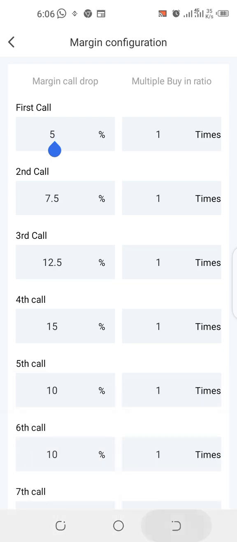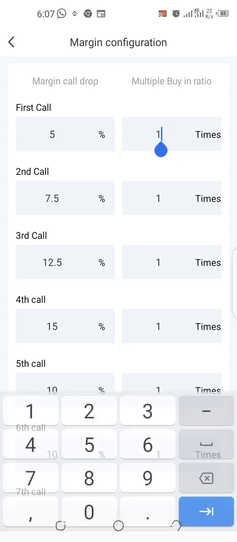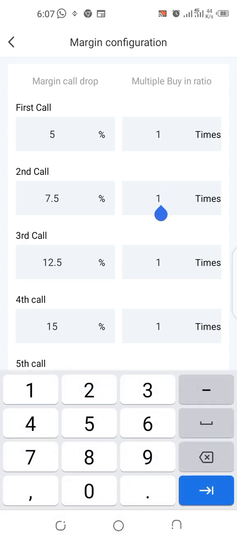Okay, so under margin configuration, this is where you actually determine at what percentage drop the robot buys some more coins for you and how much of the coin it buys again each time. The multiple buying ratio is just how many multiples of the amount of USDT it bought with initially should the robot buy with again.